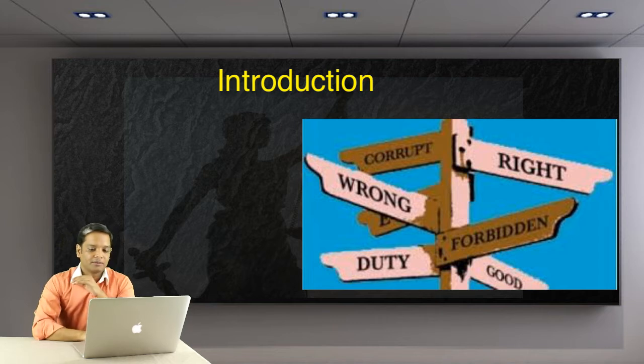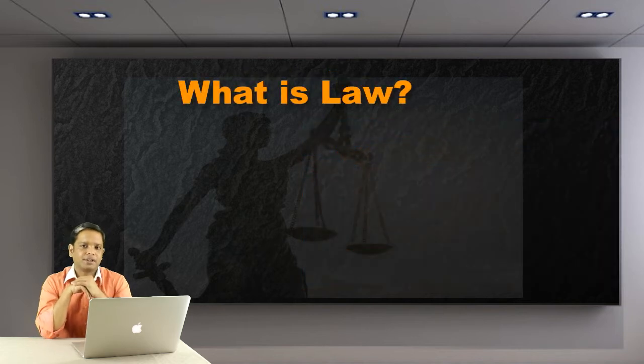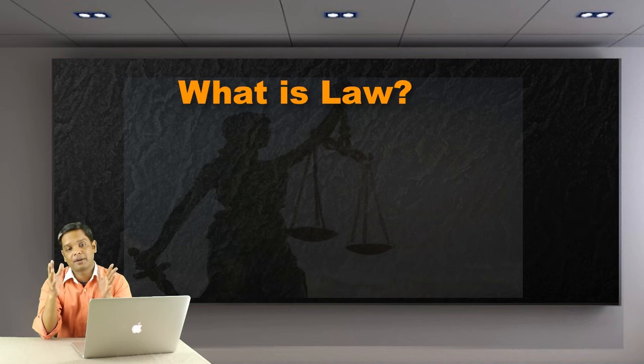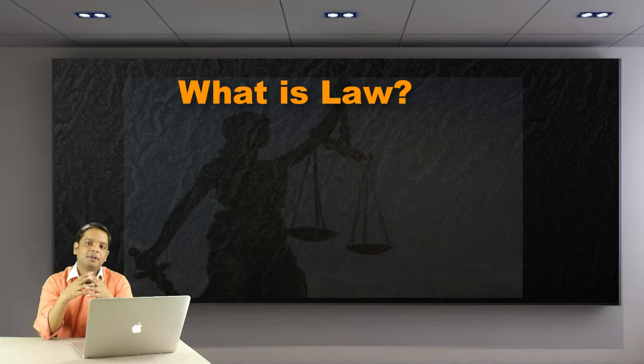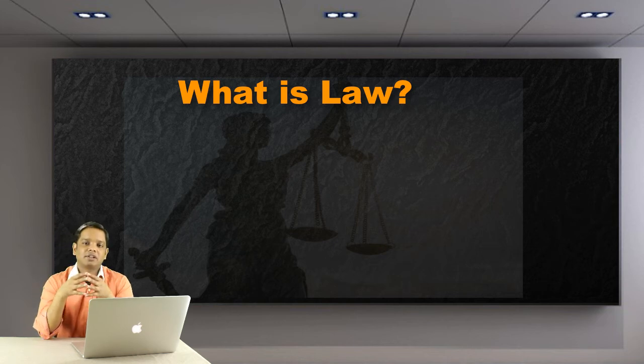Now we have another topic, that is, what is law basically. In brief, what you understand at this point in time, since you started studying the law, though this is very comprehensive and can be explained in different ways, because law cannot be defined in one sentence. That we will check in the definition part. So what is law?